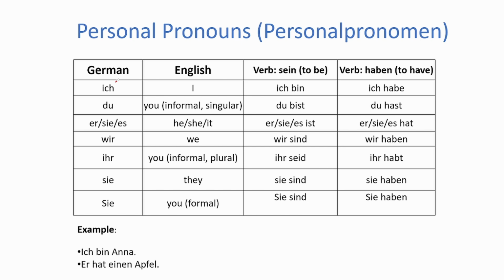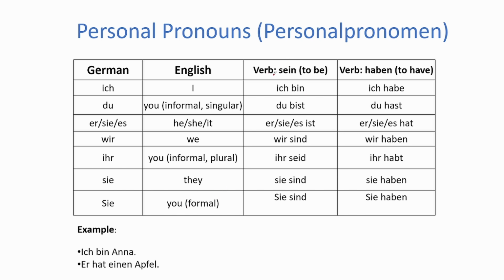The personal pronouns are ich, du, er, sie, es, wir, ihr, sie, and Sie with capital S. In English, ich means I, du means you, which is informal singular, er, sie, es means he, she, or it, wir means we, ihr means you, but informal, plural, sie means they, and Sie with capital S is you when you want to address somebody formally.